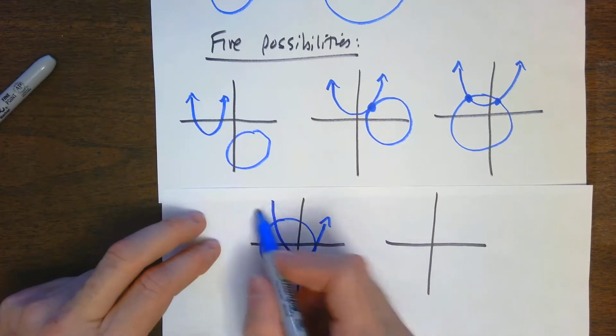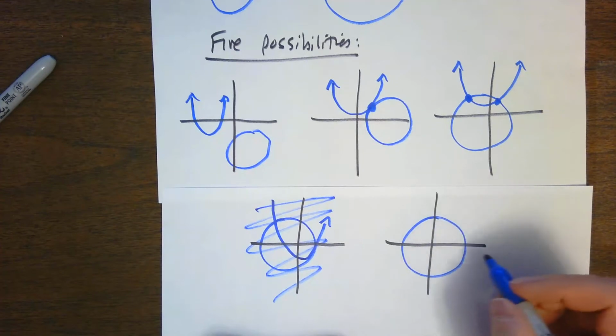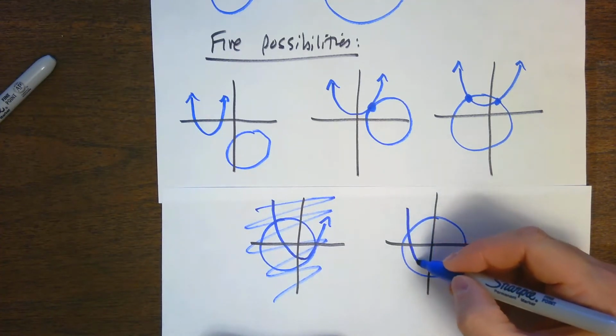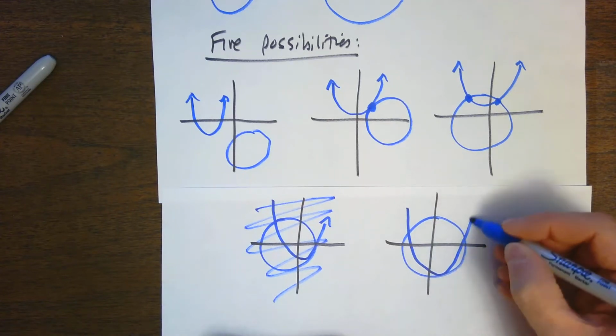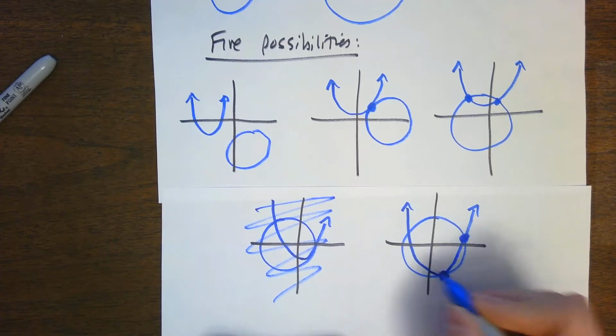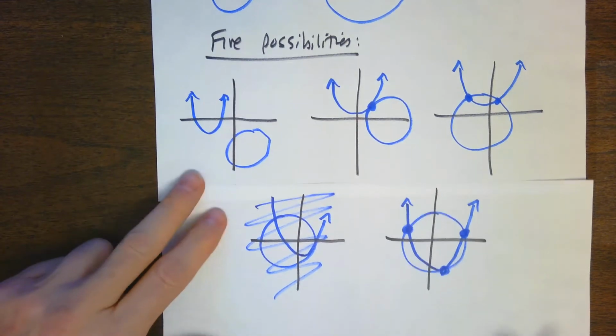Oh dear, I don't like that diagram. Let me try this one again. If I've got the circle here and I've got a parabola that comes down and touches and does that. So now I've got 1, 2, 3 points of intersection. And then finally there's one more possibility here.